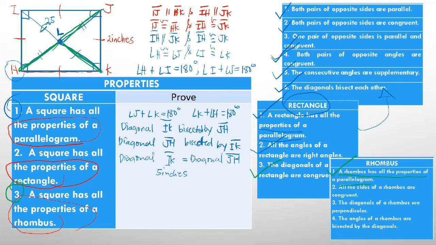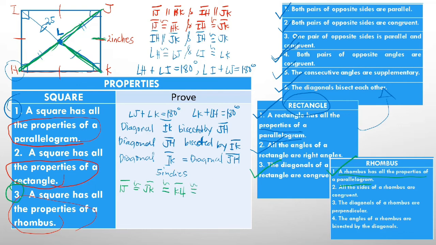Since meron na tayong congruency ng ating square, which is also a definition of square, then we can say that line IJ is congruent kay line JK. And JK is also congruent kay line KL. And line KL is congruent to KH. And line KH is also congruent to line HI.